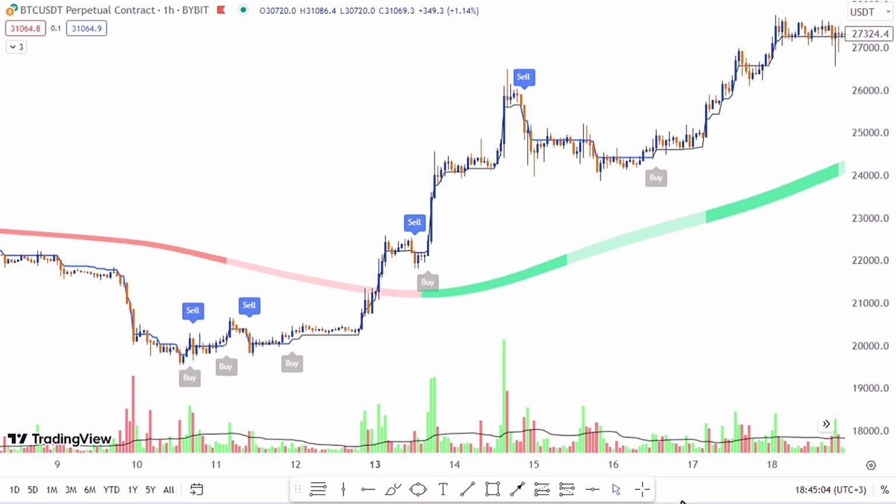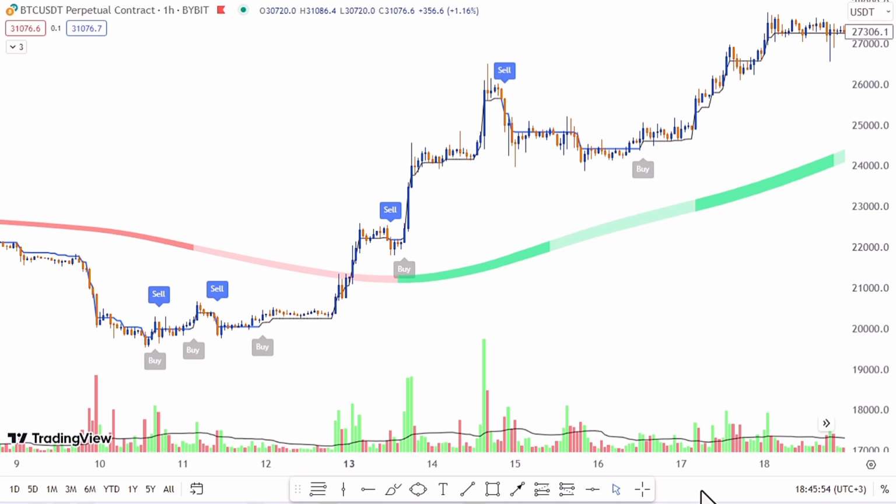Finally, if we take a look at the bars that were displayed on the volume indicator, we can see that they exhibit a bullish sentiment and are positioned above the moving average. This observation underscores the presence of a significant amount of bullish volume in the market, indicating that there is enough buying pressure to potentially push the price higher.